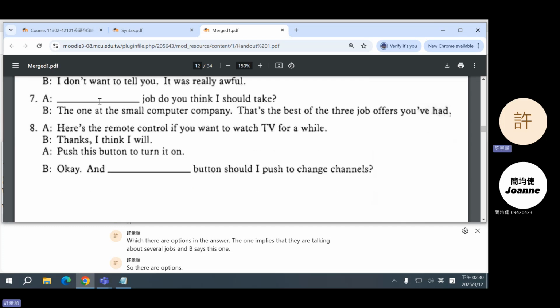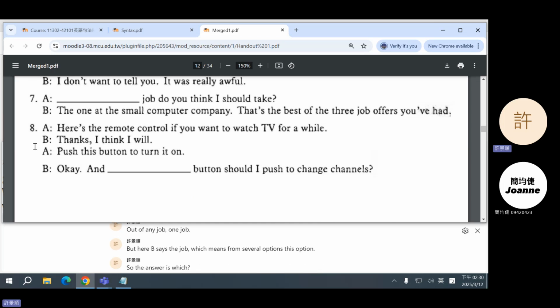If A is asking what, then B would say a job at, out of any job, one job. But here B says the job, which means from several options, this option. So the answer is which.